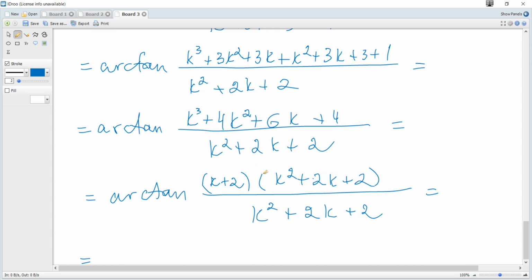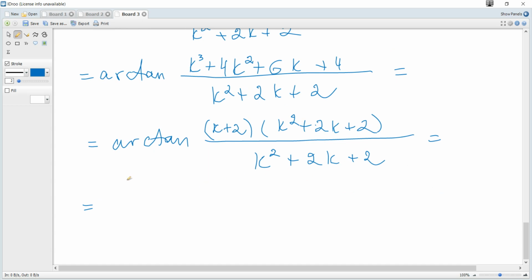So we can see that when we expand this, it is equal to this. If it isn't the same, it means that there is a mistake, because it must be true. And finally, it's arctangent of k plus 2 as required.